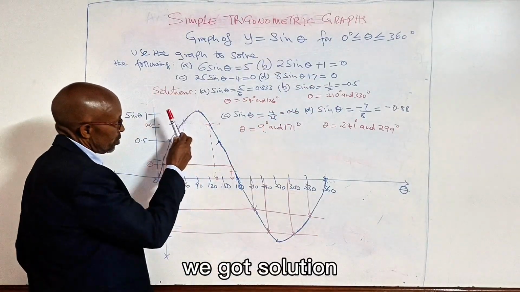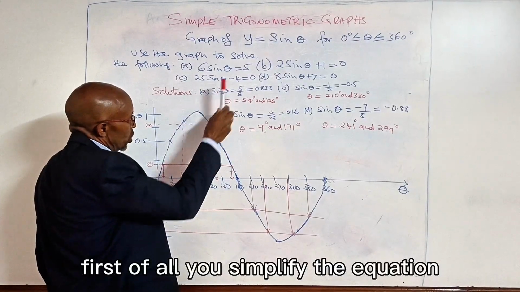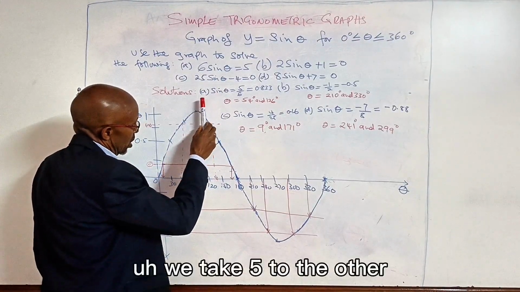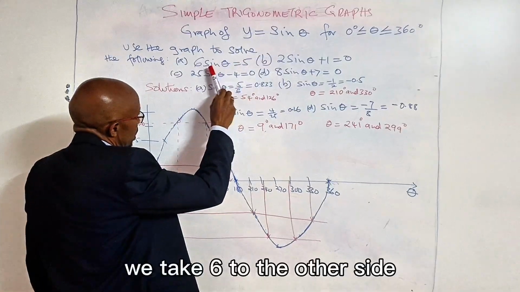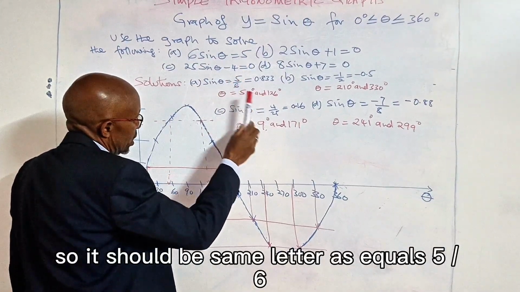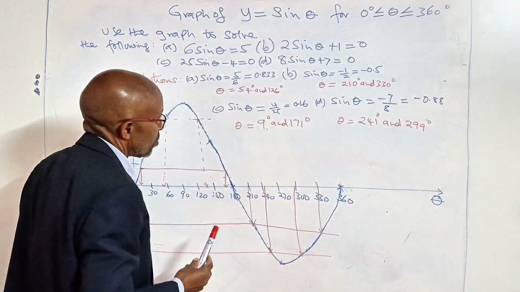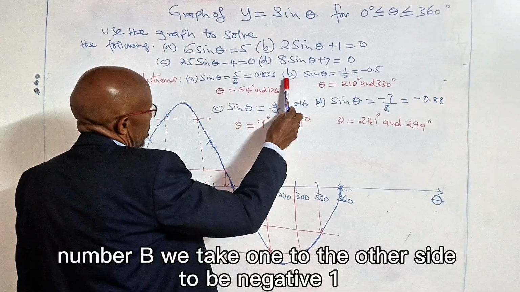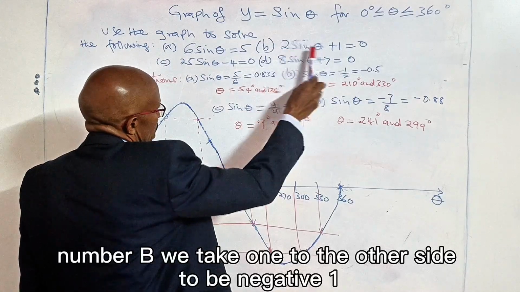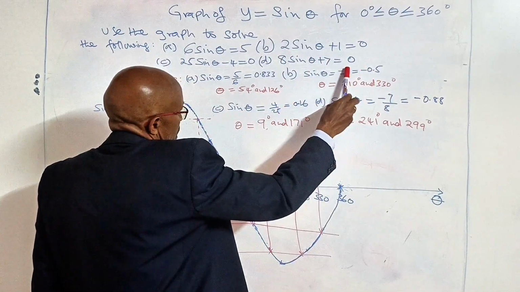We go to solution. First of all, you simplify the equation. We take 6 to the other side. So sine theta is equal to 5 divided by 6, which is equal to 0.833. Number B, we take 1 to the other side to be negative 1.